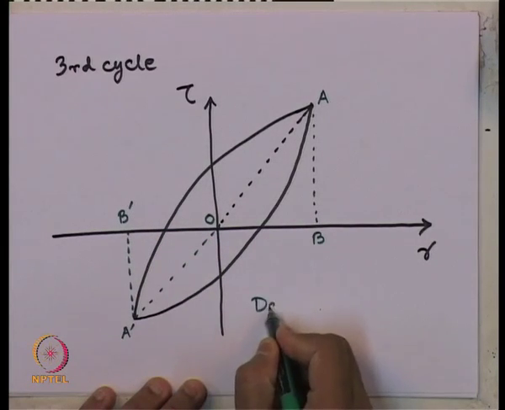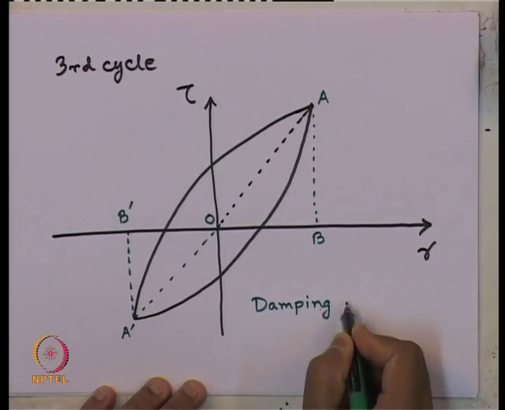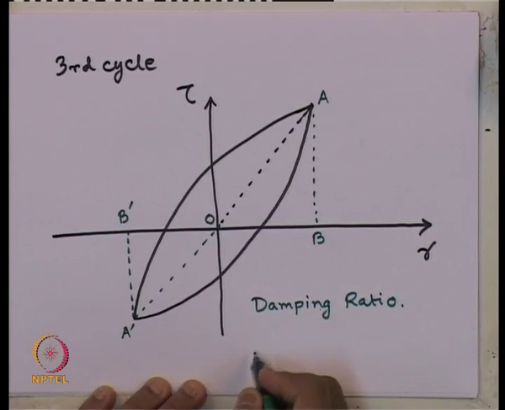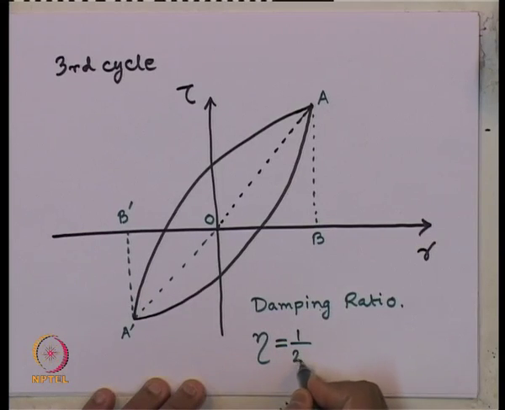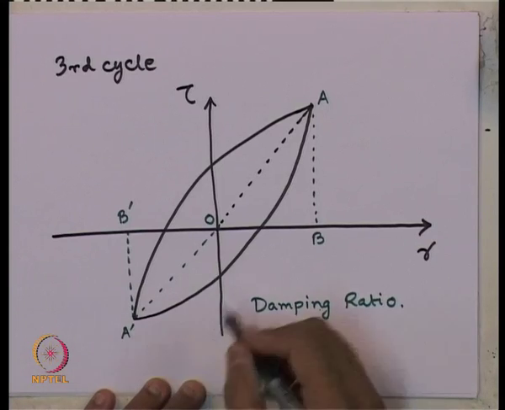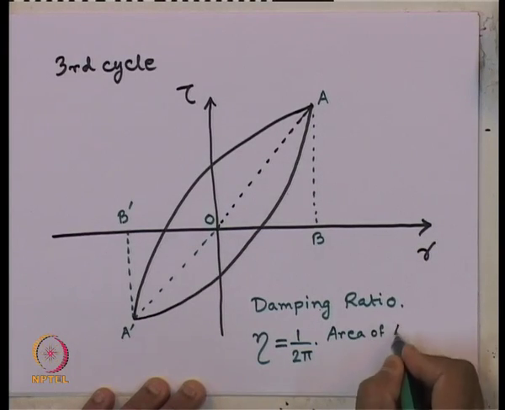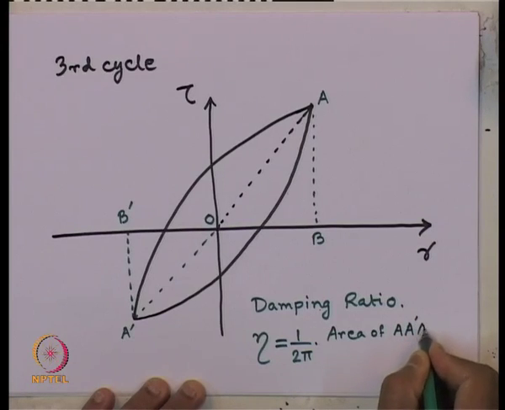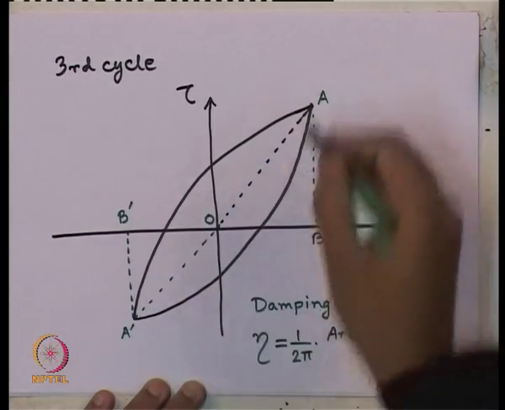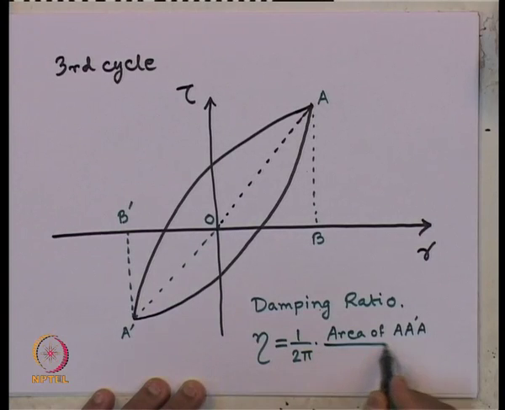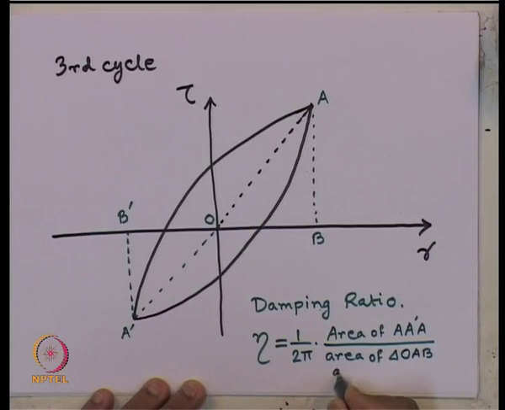So, the damping ratio, if we express it by eta, is given by 1 by 2 pi times the area of this hysteresis loop, that is the area of A dash A, that hysteresis loop, divided by the area of triangle OAB and OA dash B dash.